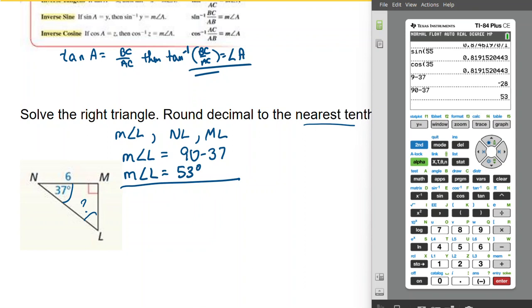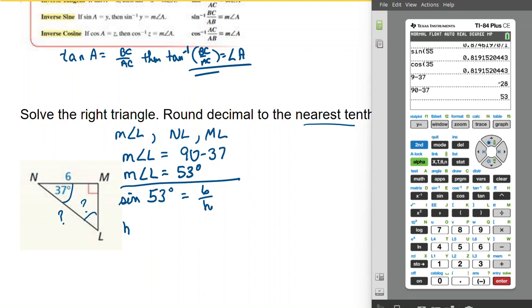So I got the L. Now I'm going to get what I have, and I can do the cosine, or I can do sine. It doesn't matter what I want to use. Let's go with this one next, the hypotenuse. So I have 53 and 37 make 90, so I'm good. I'm going to do the sine of 53 degrees equals the 6 over the hypotenuse.